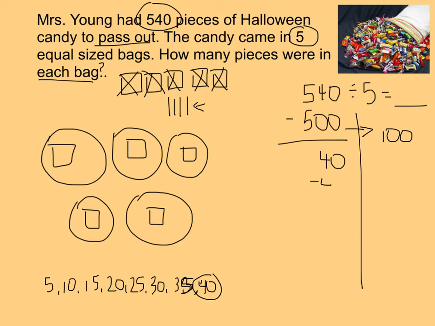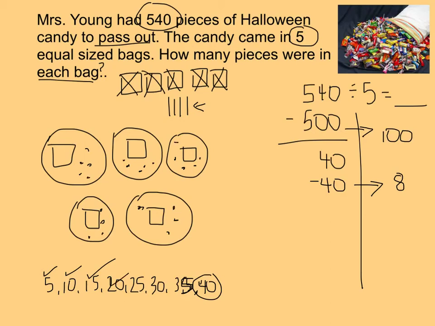So I can just take away 40, and each group would have 8 apiece. And you can prove it by just drawing your model. 5, 10, just like down here shows. Next will be 15. Each one will get 20. We'll give away 20 now.